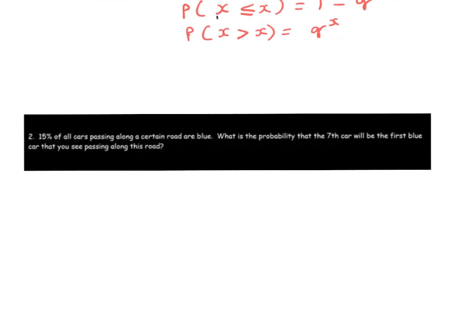Number 2. 15% of all cars passing along a certain road are blue. What is the probability that the 7th car will be the first blue car that you see passing along this road? The probability of getting blue is 15%, so P equals 0.15. So Q equals 1 minus 0.15, which is 0.85.